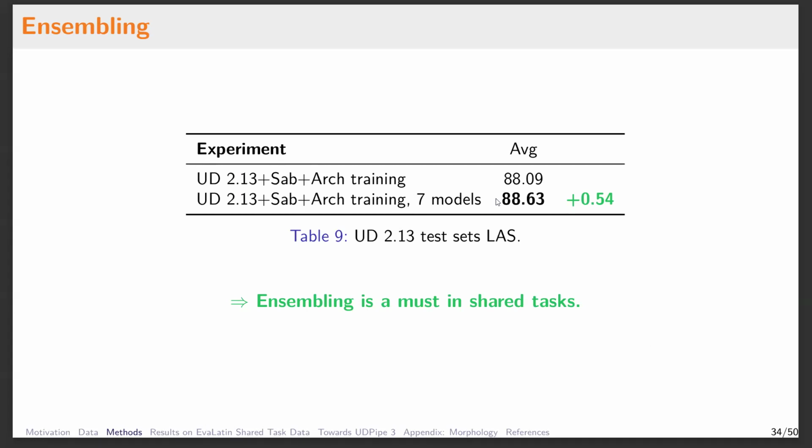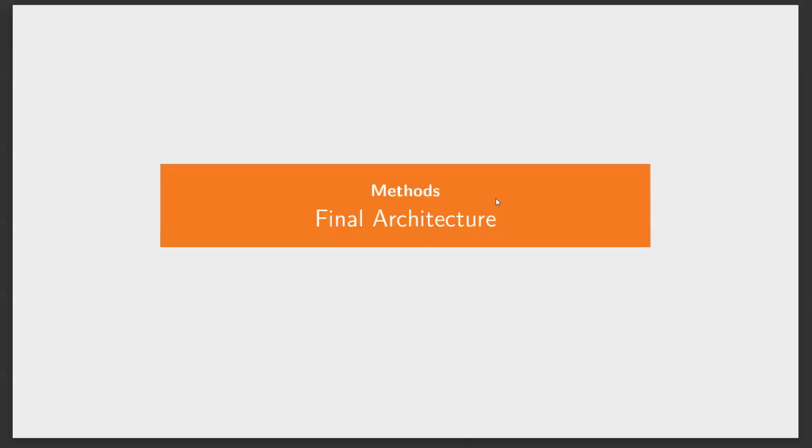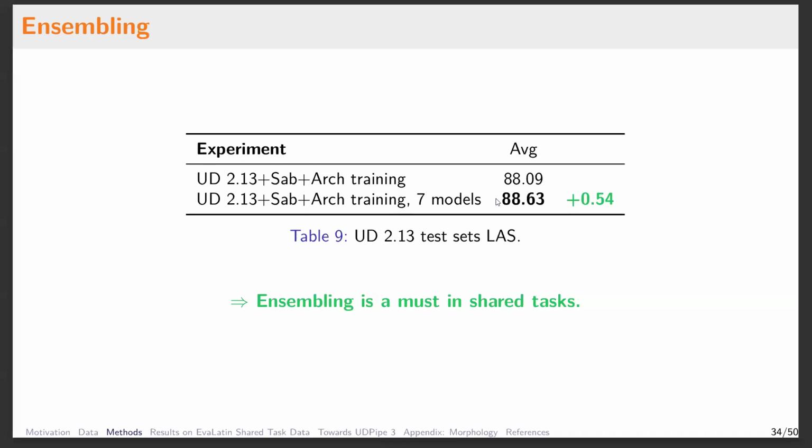And then you take their outputs and the outputs get somehow ensembled, mostly averaged. So this would be one model result, and this would be 7 models averaged. And again, we got a nice improvement almost for free.